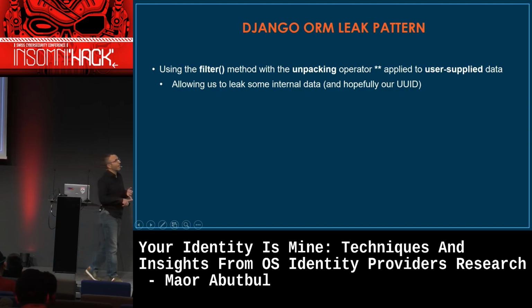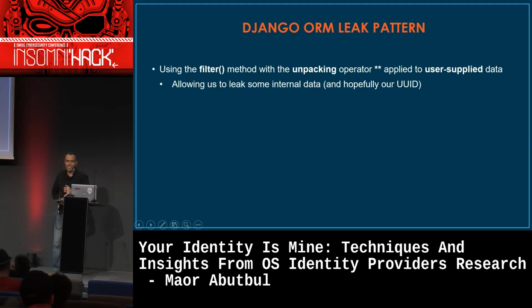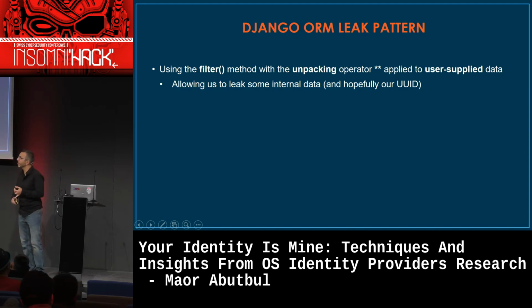So, to find ORM leaks in Django, the pattern we are looking for is using the filter method with the unpacking operator, double asterisk, applied to user-supplied data, allowing us to leak some internal data and hopefully our UUID.